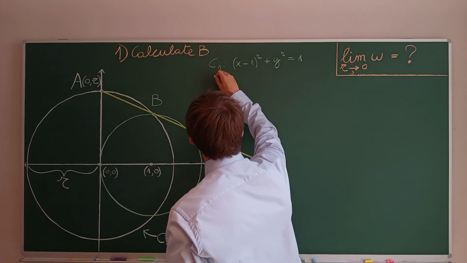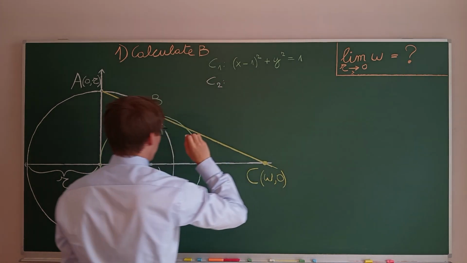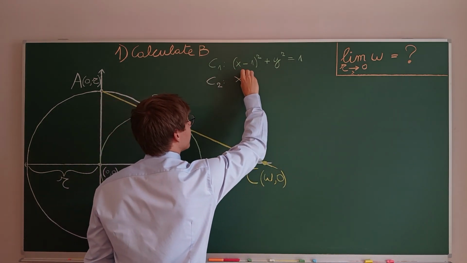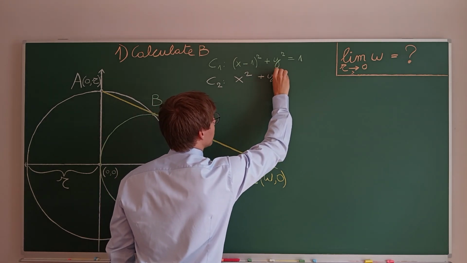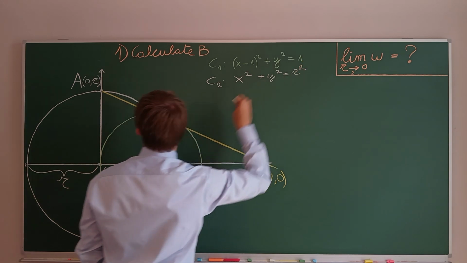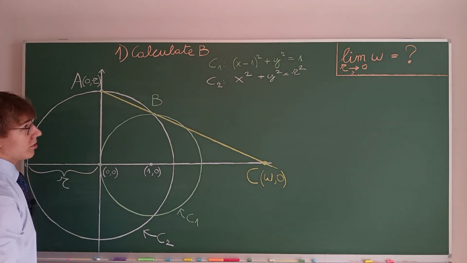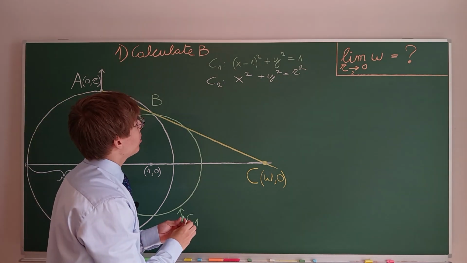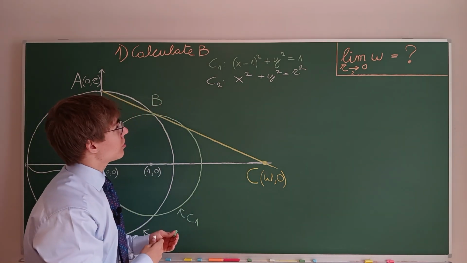Now the equation for the second circle will be x squared plus y squared equals r squared, since r is the radius and it is centered at the origin. So now we need to solve for the intersection between these two circles.